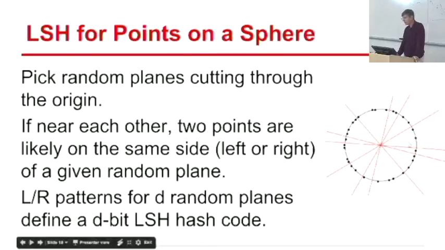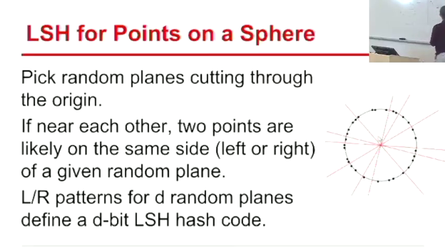What parameters do you have at your disposal? First of all, how many bits you use. You also have at your disposal how many hash codes you make for each point. Maybe for each point you'll make multiple different hash codes, and then you and I are neighbors if we collide on any of them. Does that make sense?